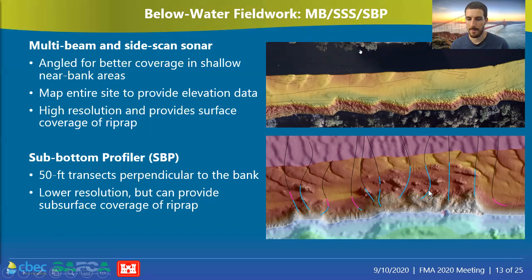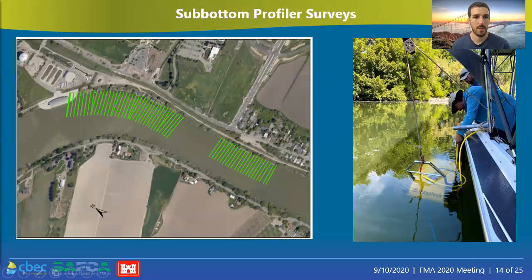And that lower image shows some sub-bottom transect where the blue is contiguous angular riprap. Here's a look at laying out the idealized sub-bottom profiler surveys and a view of the setup where a towfish is attached to the survey vessel in order to conduct the transects.